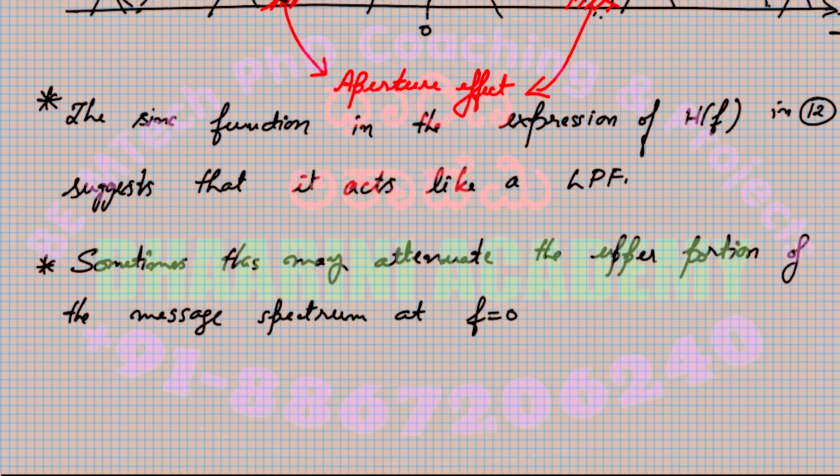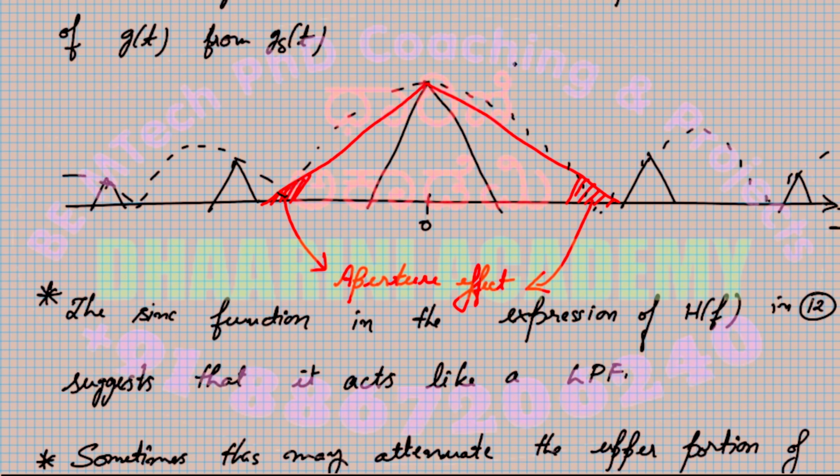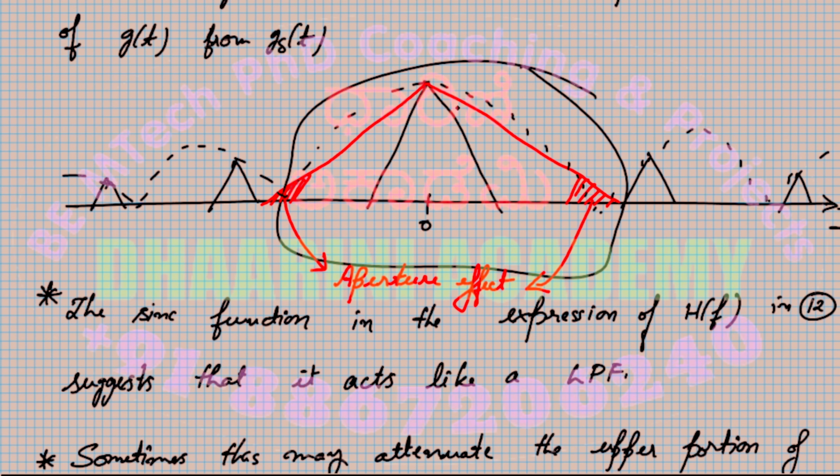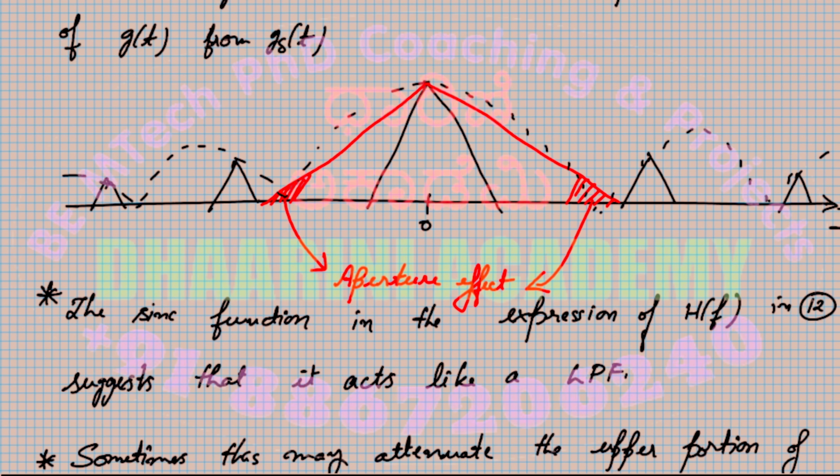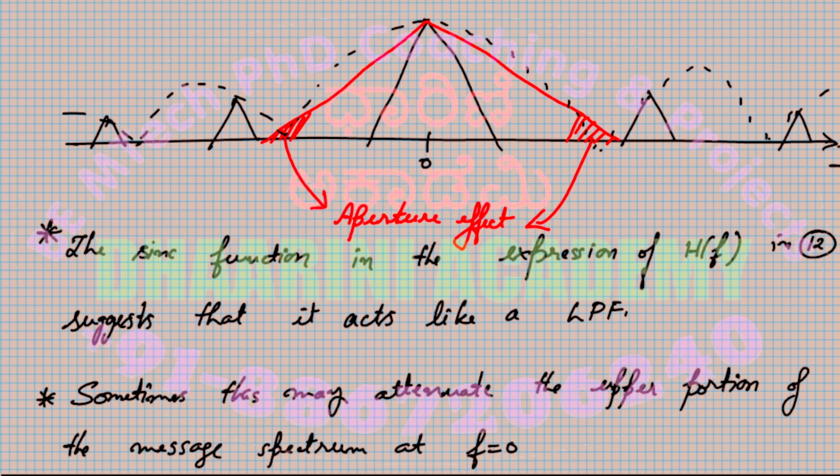I am talking about the triangle at the center, only this triangle. If the triangle is like the red colored one, then only we have a problem. If you have a black colored one, no issues. That's why we wrote sometimes. It attenuates the upper portion of the spectrum at f equal to 0.